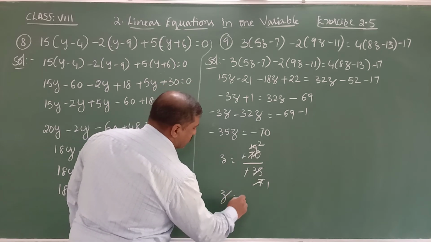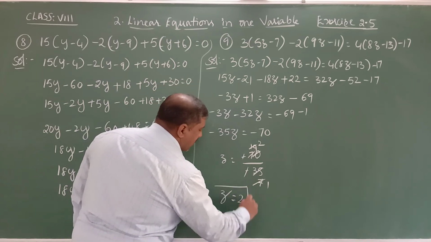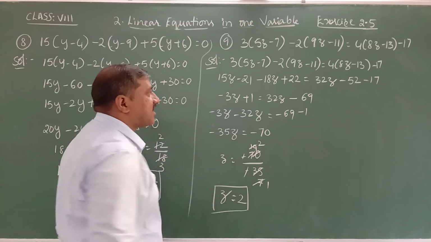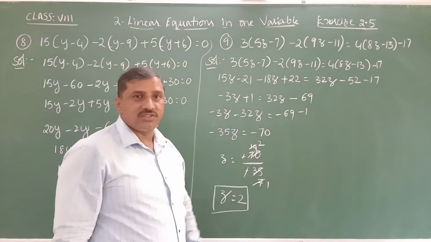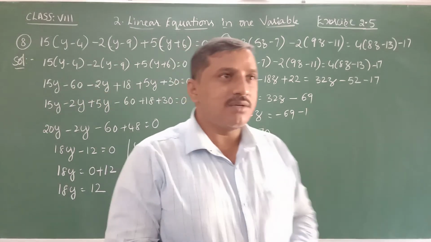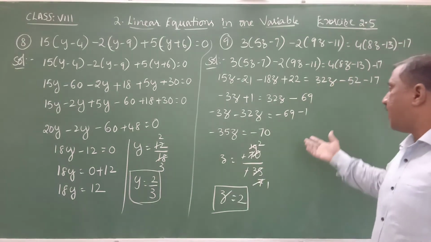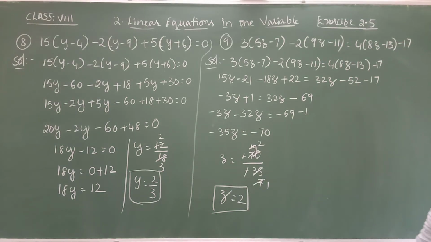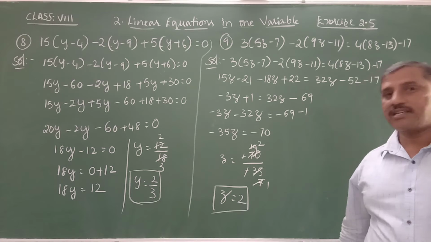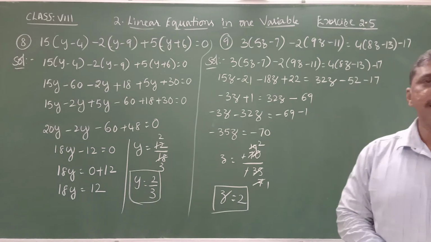Now z is equal to what? 2. Therefore, what is the solution of this equation? Z is equal to 2. So we applied the algebraic expressions concept and we simplified. We got the solution as z is equal to 2. Clear, children?